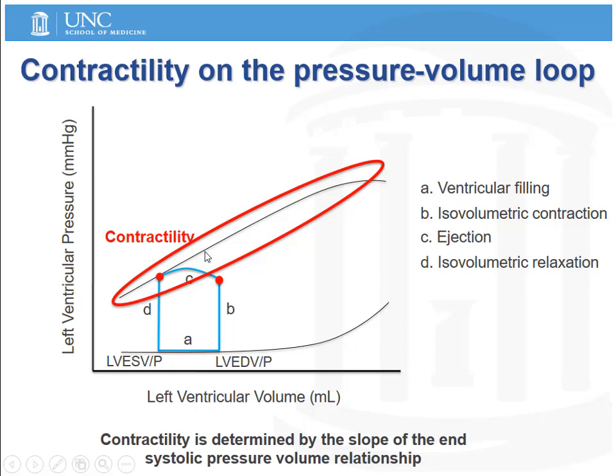Since this active curve isn't always accessible, another way to estimate the contractility is by looking at the point at which the aortic valve shuts. That'll tell us the point where the myocytes can no longer shorten or contract. So if it moves up and to the left, then we know we've had an increase in contractility because they can exert a greater pressure at a smaller length.